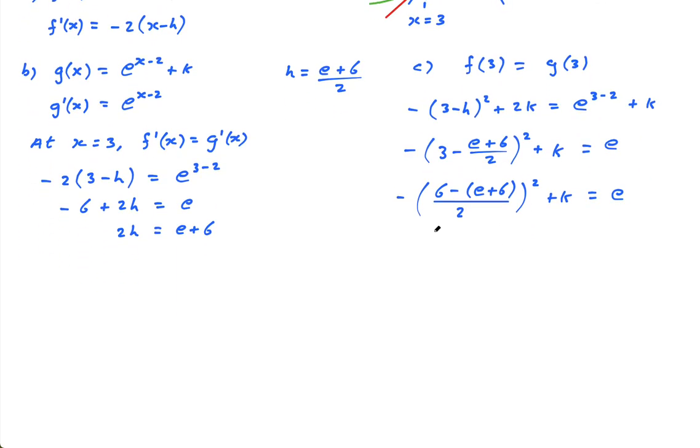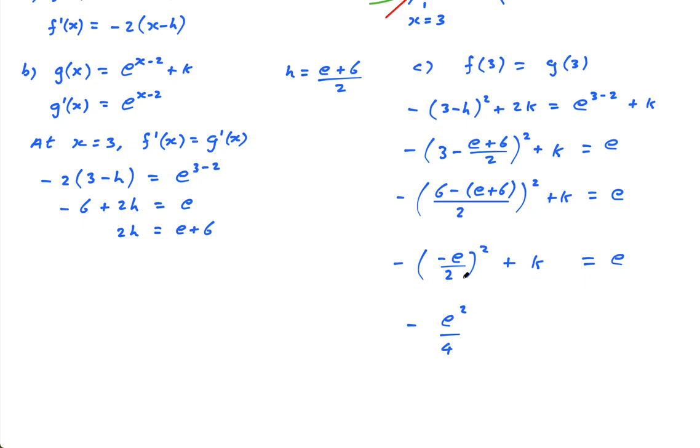So that's just a common denominator of 2, and then 2 times 3 is 6. Let me move down a bit. This is then going to be minus, 6 minus (e plus 6) is just minus e. So this is minus e over 2, squared. I like the way this is turning out, guys, because this is what they asked me for. This is going to be minus e squared over 4, because minus e squared is e squared.